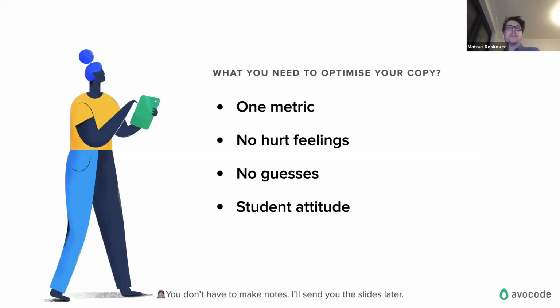It's cool, right? Who could have guessed? So a couple of points before we wrap up. What do you need to optimize your copy? Well, basically you need the metric. You need to be sure that you have the question and the metric. What are you trying to find out? Absolutely no hurt feelings. This is not personal. It's a cruel optimization game.